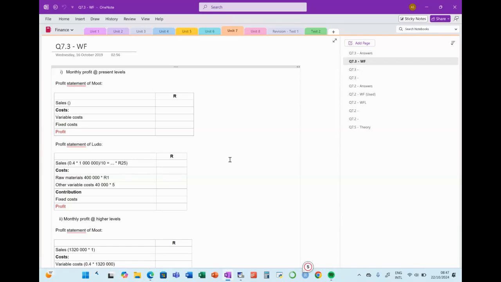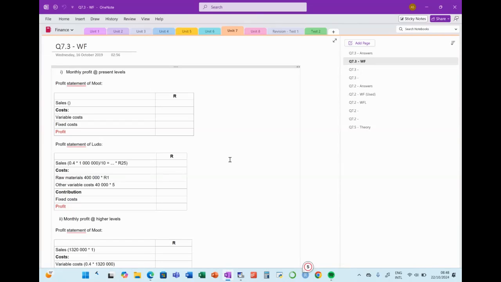A study indicated that if Ludo reduces its selling price by 25%, it could increase its sales volume by 80%. Right. Immediately from my side, when I see something like that, I know that I'm obviously going to, at some point, need to adjust the sales volume and then the selling price.